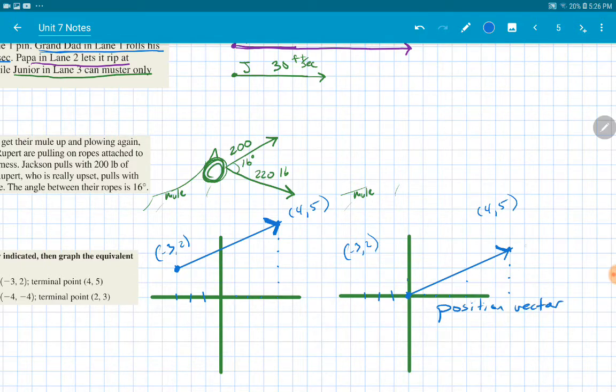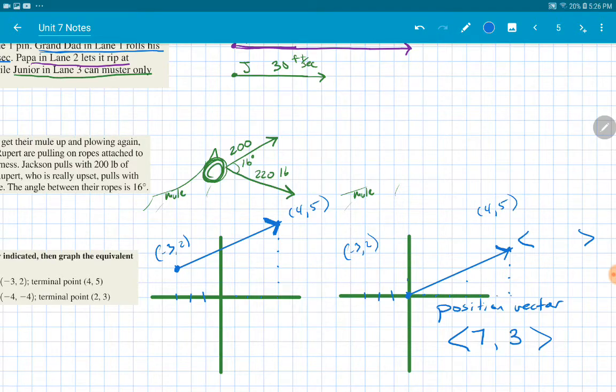And the position vector, I'll express with these little brackets that show me that it's measuring in components. So the horizontal component is 1, 2, 3, 4, 5, 6, 7. That's the distance between -3 and 4. And the vertical component is 1, 2, 3, the distance between 2 and 5.